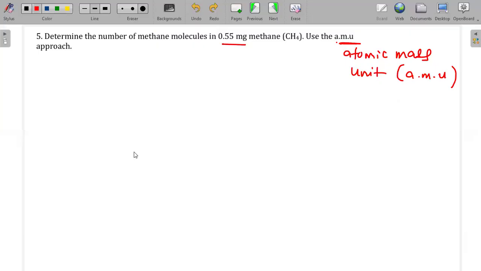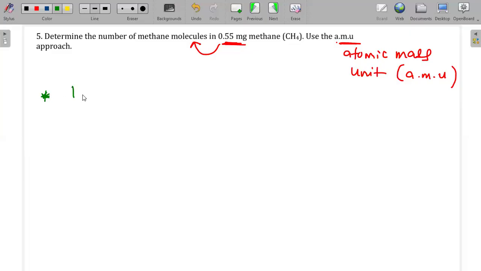Now going back here, I want to convert this mass to the number of molecules, because the question is saying determine the number of methane molecules in this mass. So there are some relationships that I need to know. The first one you just have to master.